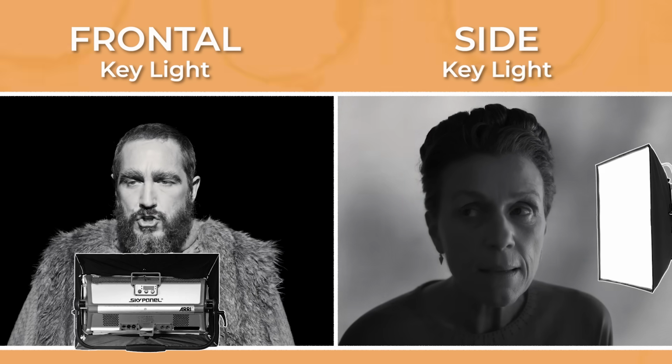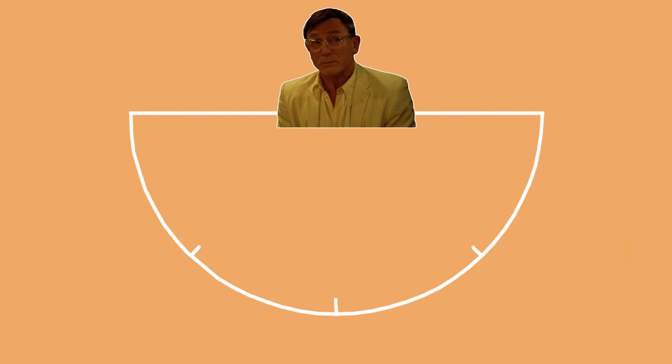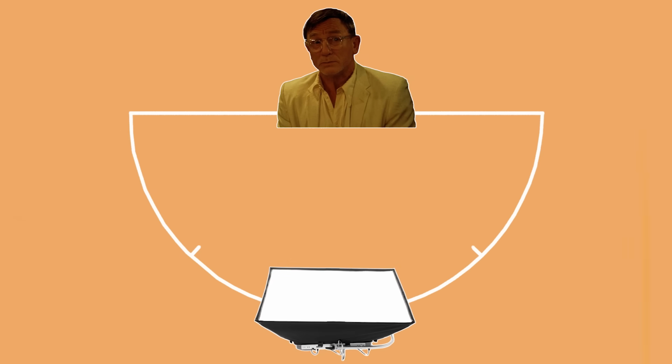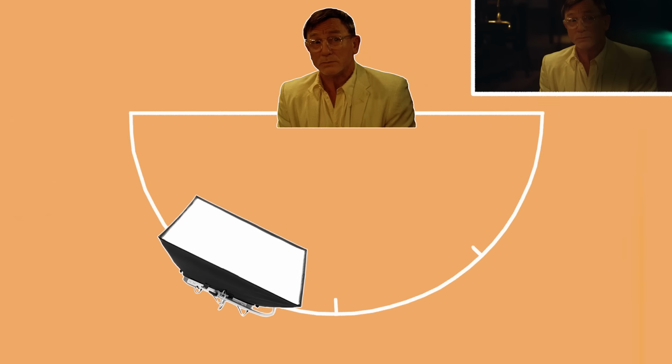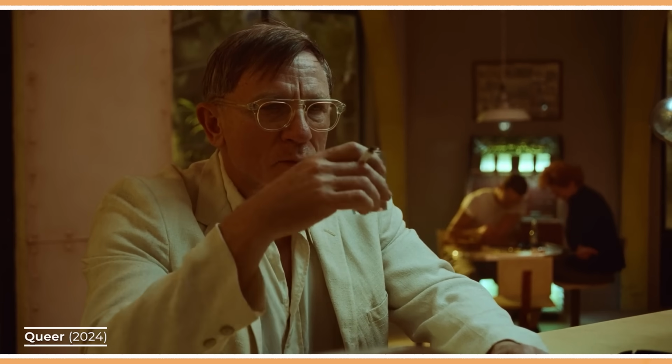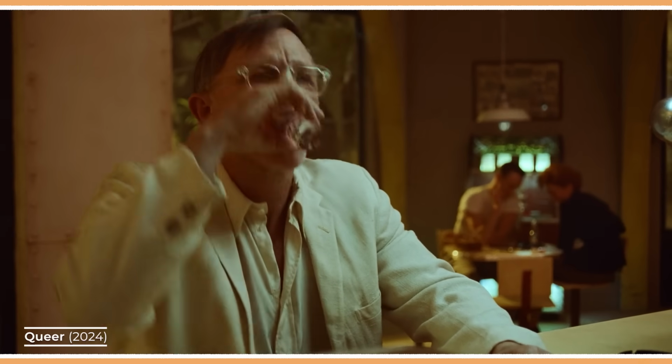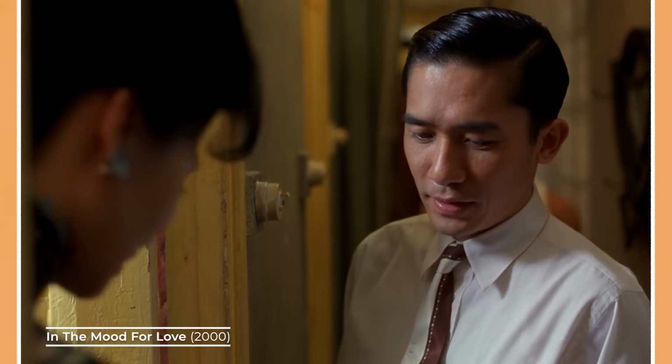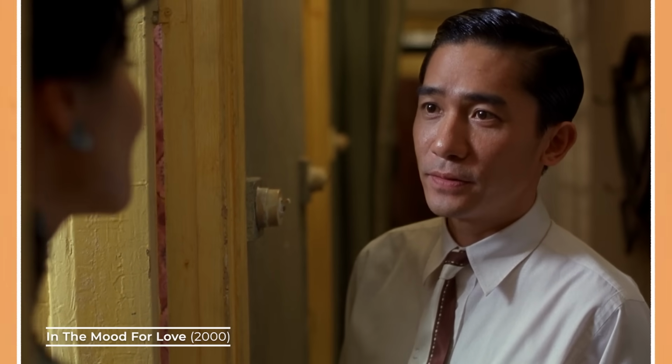from being hit directly. The most common position for the key light is to split the difference between these two extremes and move the source back around the semicircle to an angled position of about 45 degrees to the subject. This creates a middle ground, where one side of the face is more strongly illuminated than the other, with a clear split in exposure down the middle of the face.